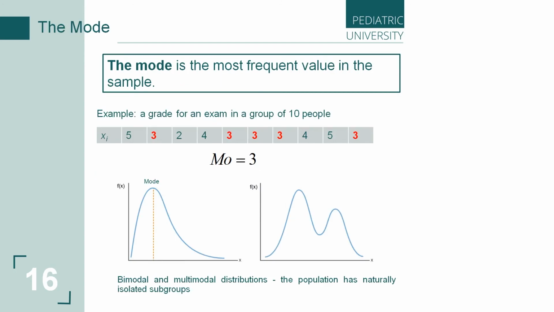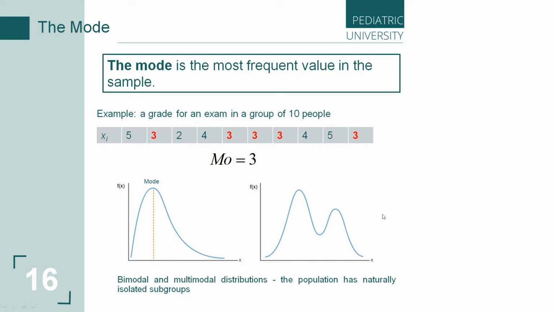What about the mode? The next statistic is mode. The mode is the most common value in the sample. In our case on the slide, the mode score is 3.